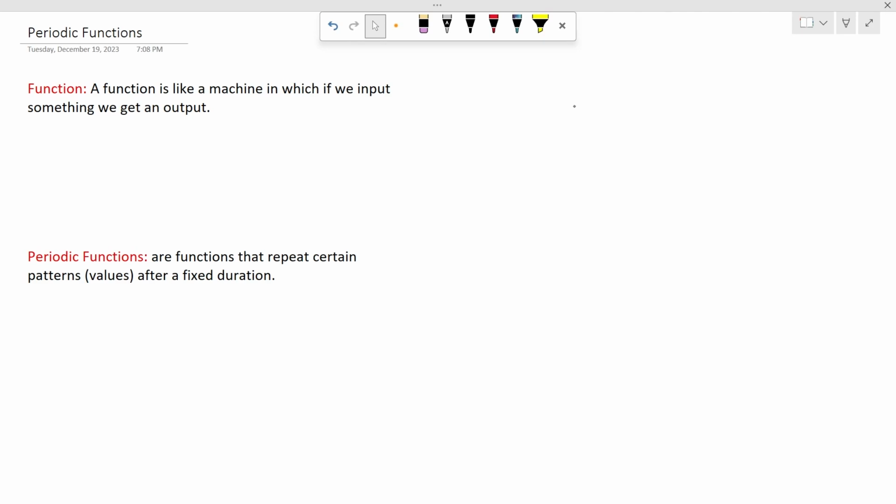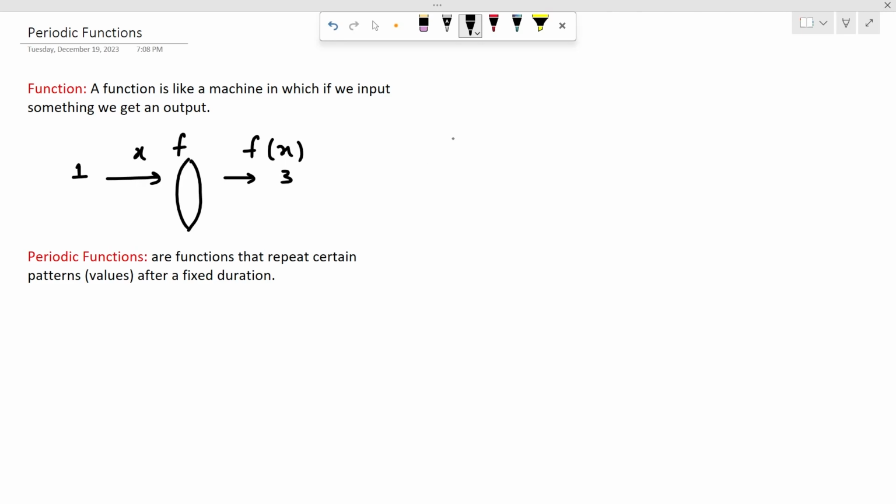So first, we will look at the definition of a function. Well, a function is just like a machine in which if we input x, the machine here is f, and the output will then be f of x. So if I input a 1 here, the output will be a 3 here.